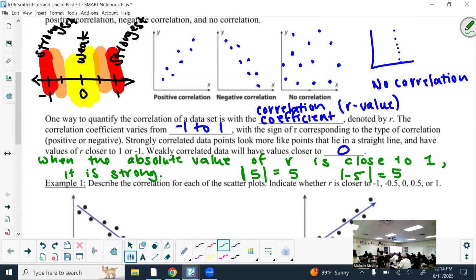So when we're talking about R values, and we say the absolute value is closer to 1, the absolute value of -1 is 1. So ignore the negative, and the ones closest to 1 in absolute value are the highest. These straight lines, kind of like parentheses, are absolute values. We just say how far this number is away from zero.